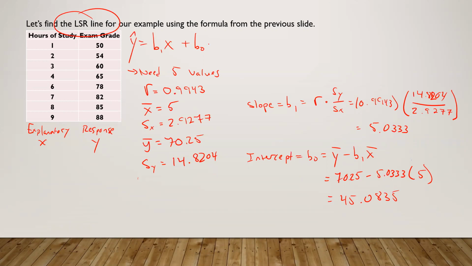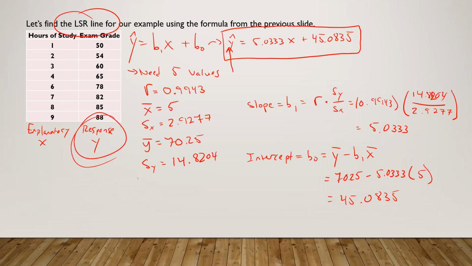So what that means is my regression equation, y hat, is equal to my slope times x plus the intercept. Just so we're clear what this regression equation is, y hat, we're estimating the y value.